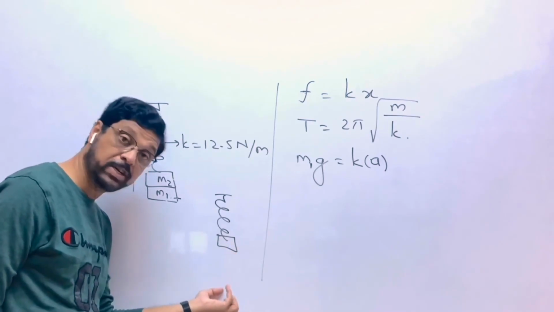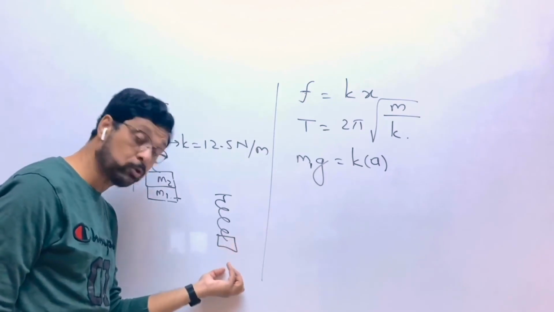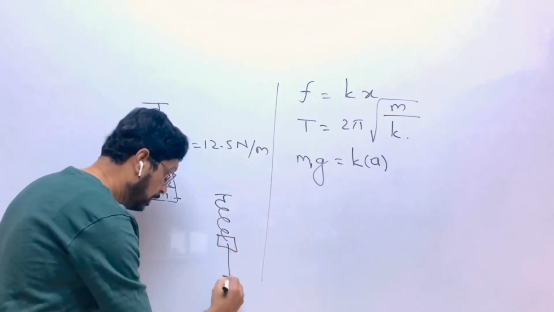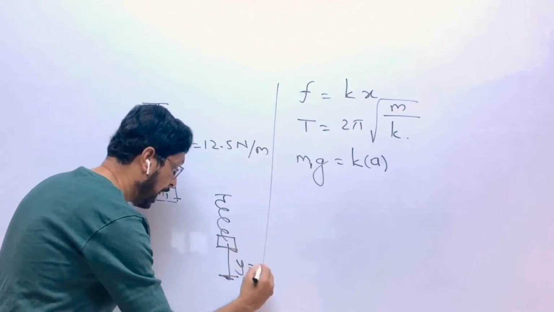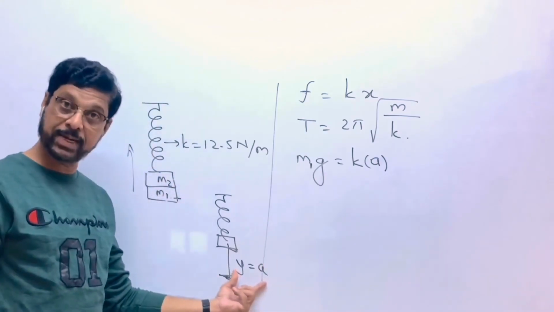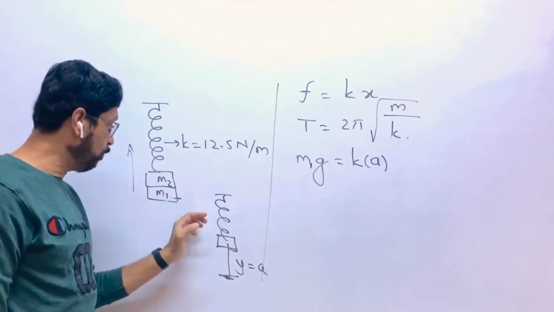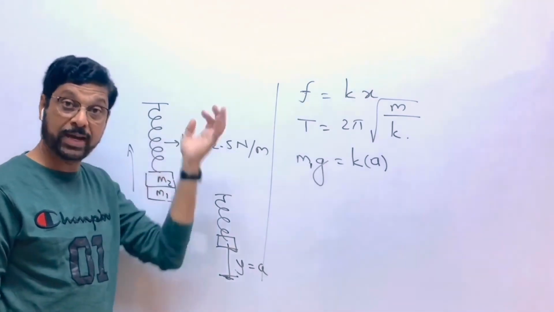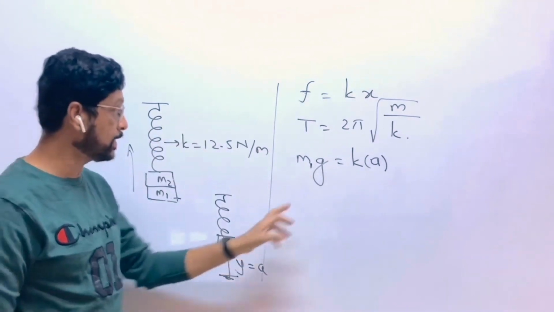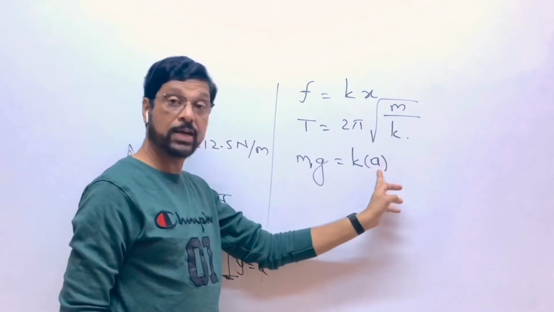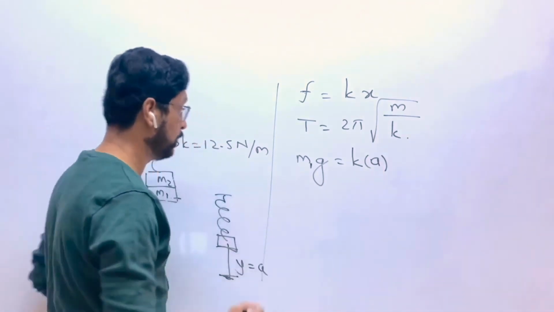When you pull it down, जितना आप उसको नीचे खींचोगे, that will be the amplitude of SHM. So same here, M1 निकालने के कारण वो जितना ऊपर जाएगा, that will be amplitude of SHM. So X is actually A, amplitude of SHM.